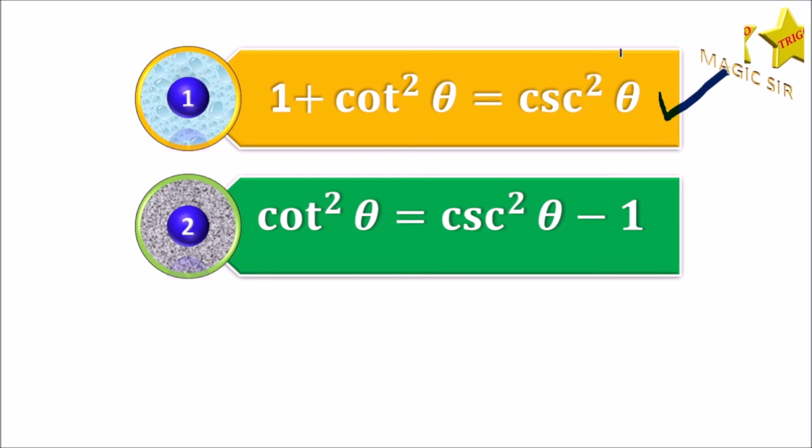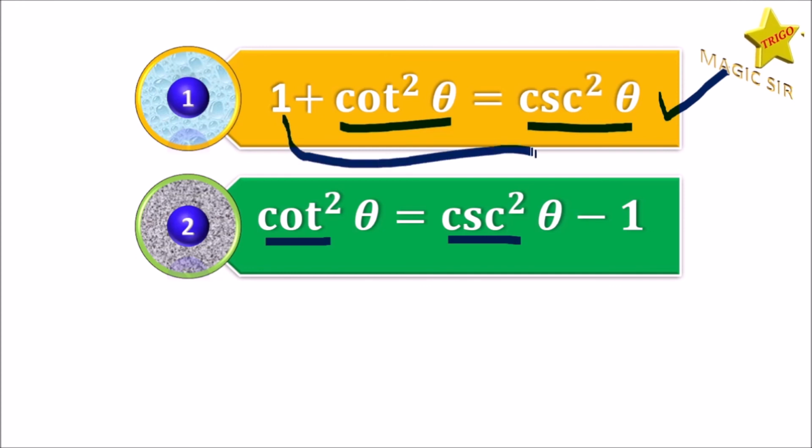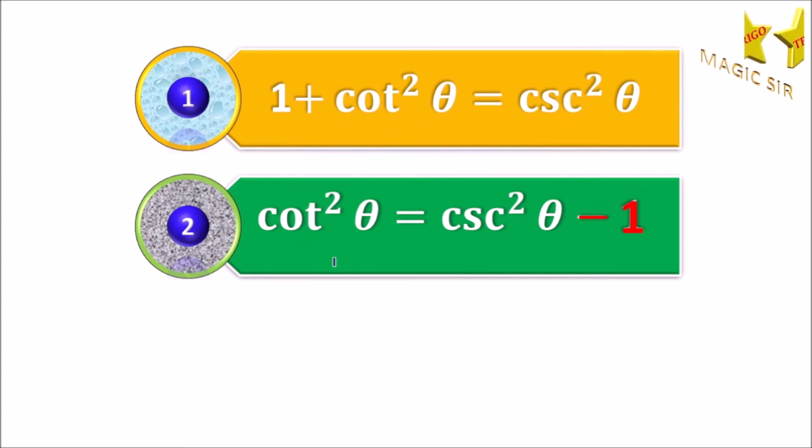Here cot square theta remains as it is. Cosec square theta remains as it is. Let us change the side of 1 from left to right. So plus 1 changes to negative 1. Hence we have cot square theta is equal to cosec square theta minus 1.